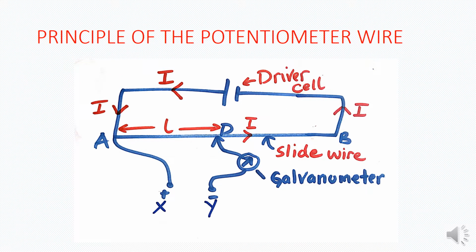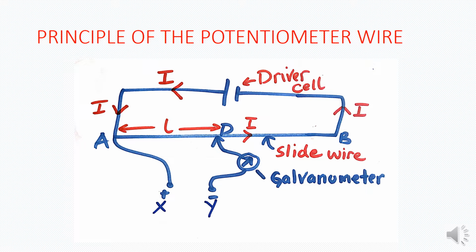So, let us discuss the principle of the potentiometer wire. AB is the uniform wire that you just saw in the previous diagram. It has got uniform resistance, and we have a driver cell connected to it that maintains a steady current through the wire. Because the current is steady, the PD per centimeter, potential difference per centimeter, is therefore constant.